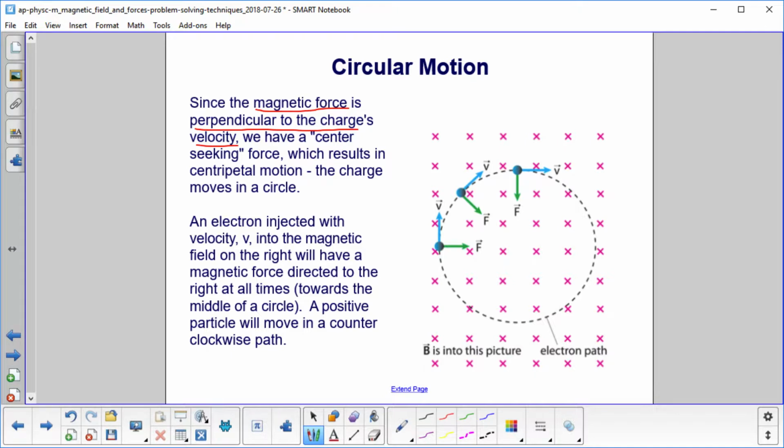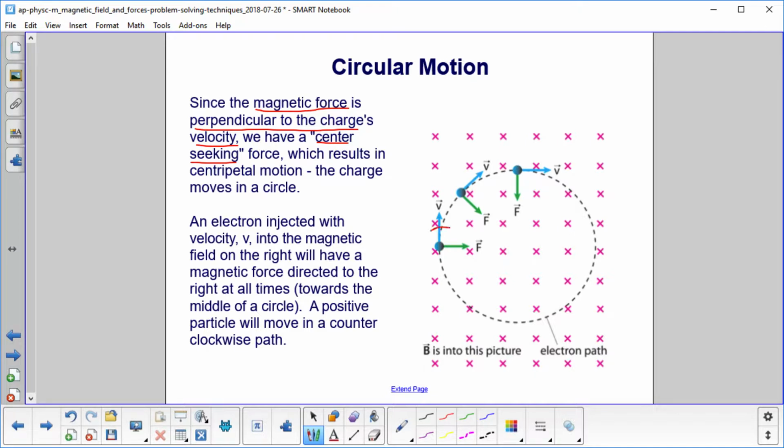We've done that before when we studied circular motion and also the planets and the moon moving around the Earth. You have a center-seeking force then, which gives you centripetal motion, so the charge in this case, because now we're dealing with a charge and a magnetic force, will move in a circle.